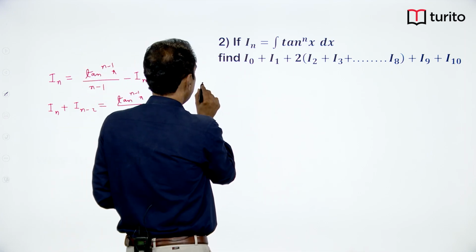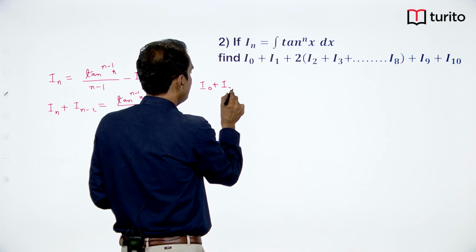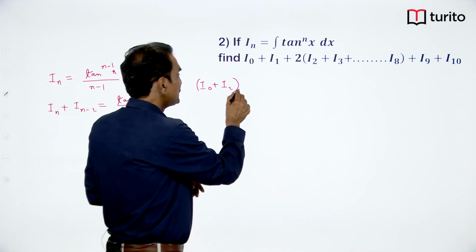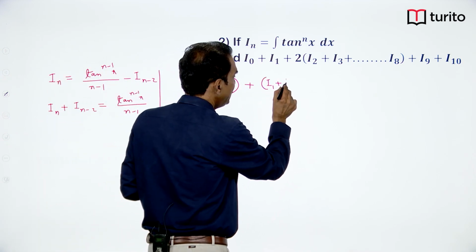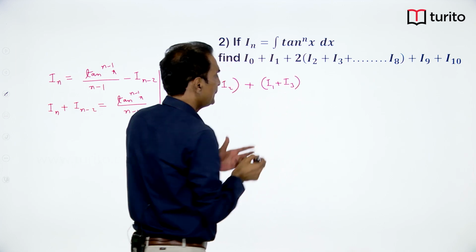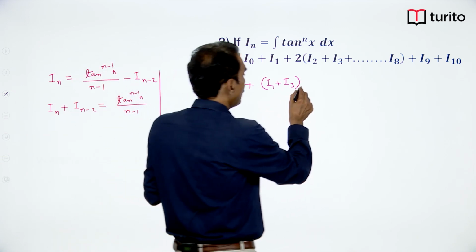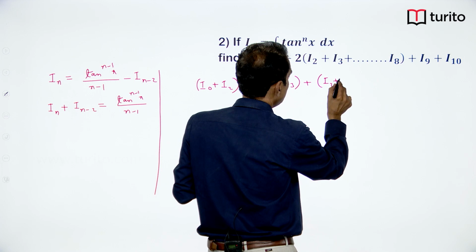We can write I0 plus I2. It will be a pair of this form. Next, I1 plus I3. It is also a pair of this form. Next, I2 plus I4.